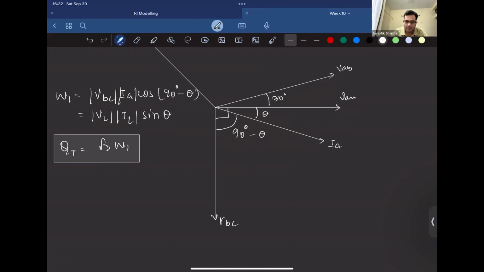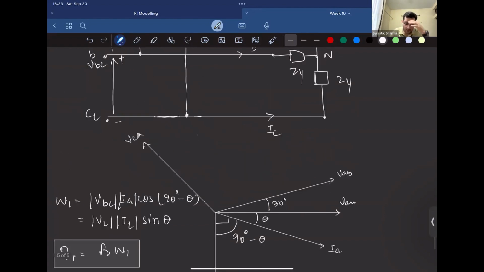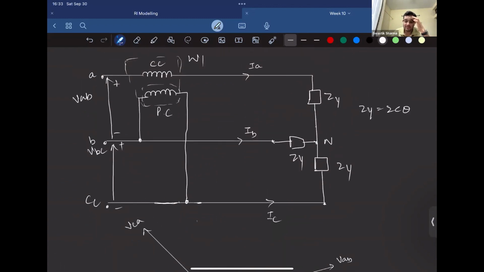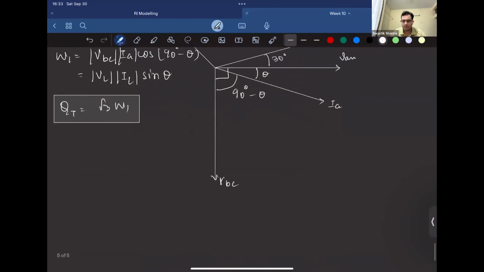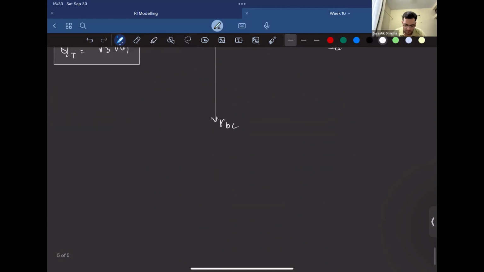So for a 1 wattmeter method where the current coil is in series with the A phase, while the pressure coil is between two phases B and C, it could be calibrated to measure the reactive power, right?